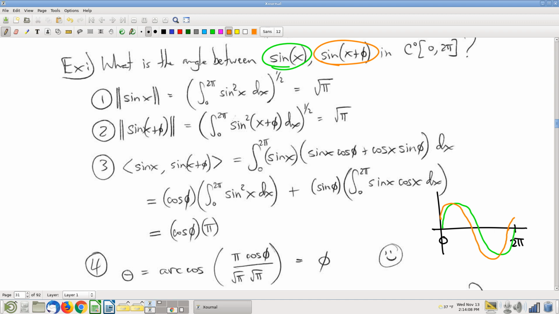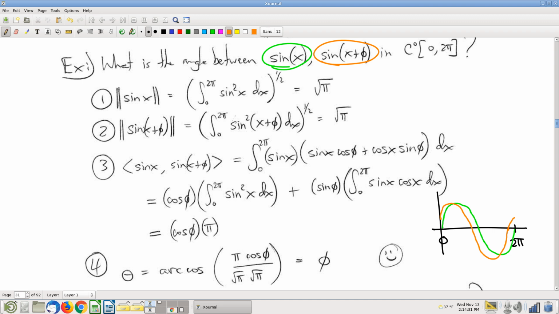Doesn't that seem pretty satisfying? Right? If two things are close, their angle is small. So what we have then is that in the case that the phase shift is small, the inner product space angle between them checks out as it should be also small.